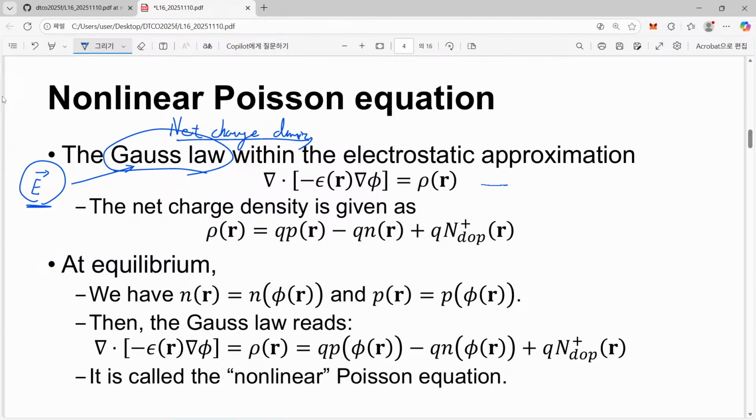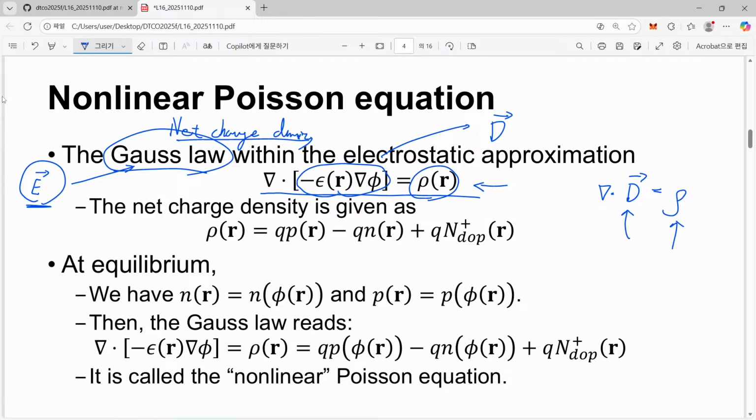You can write down that here. So this is corresponding to the so-called displacement vector, and here we have a net charge density. It simply says that net charge density is the source of the displacement vector.